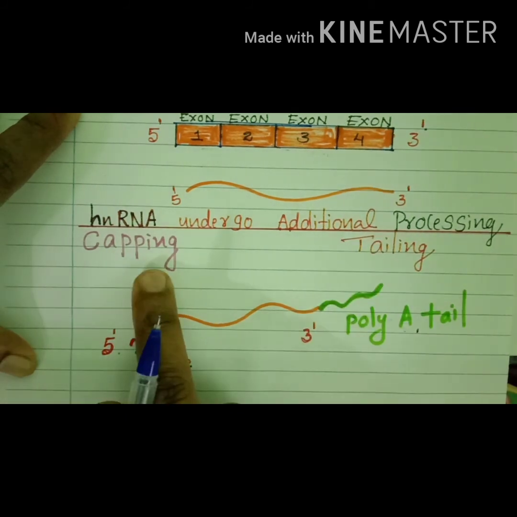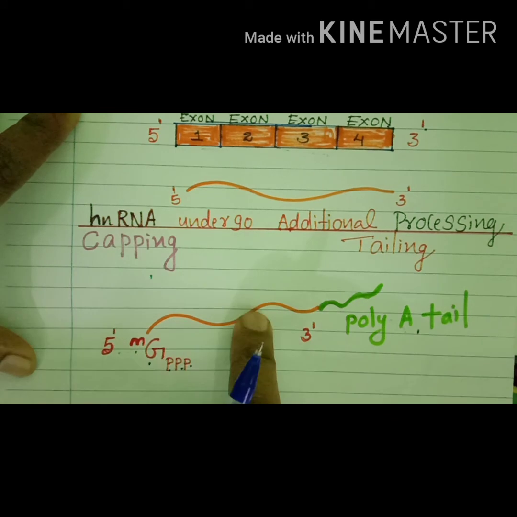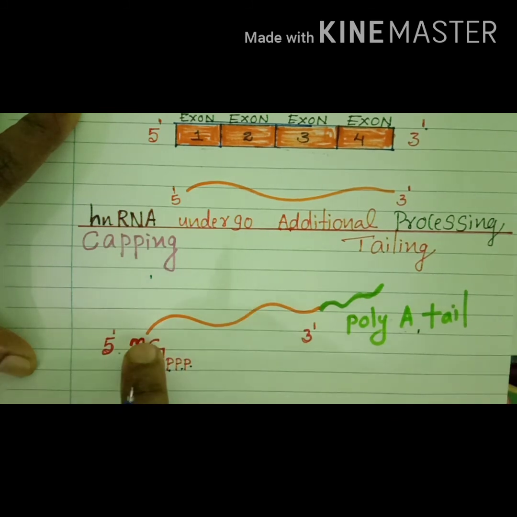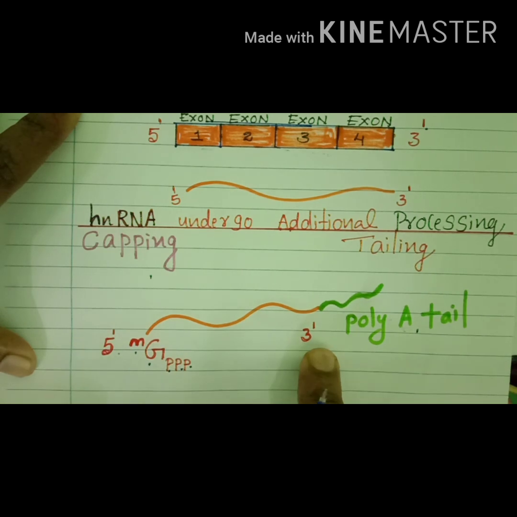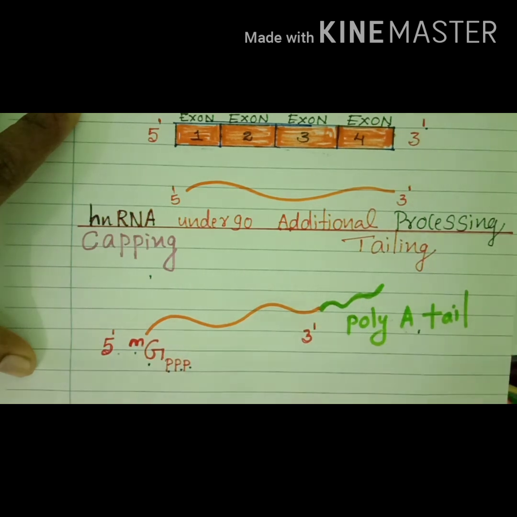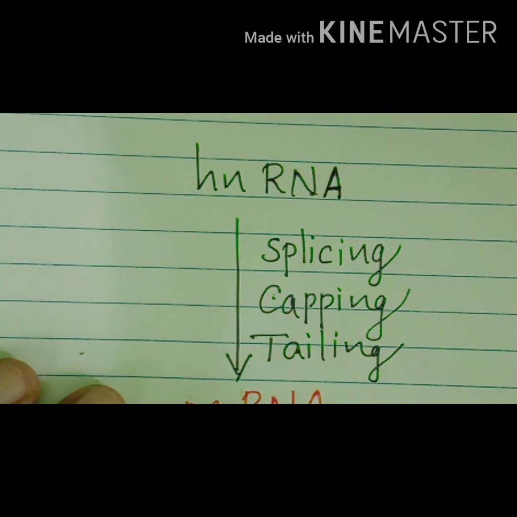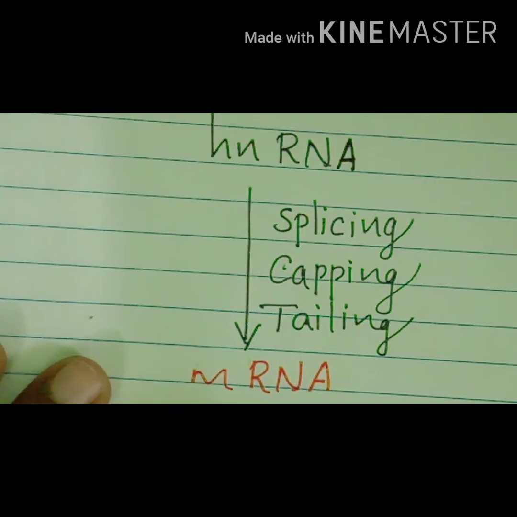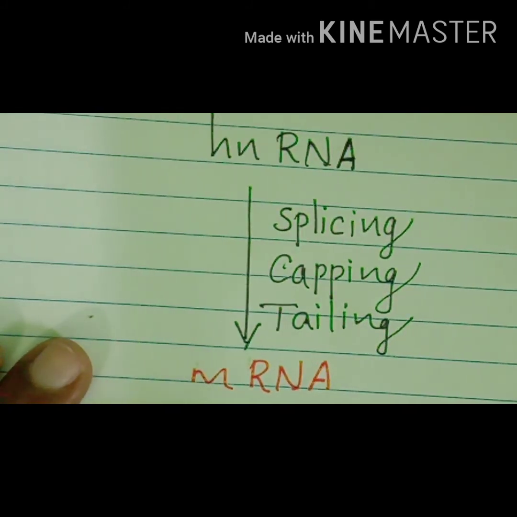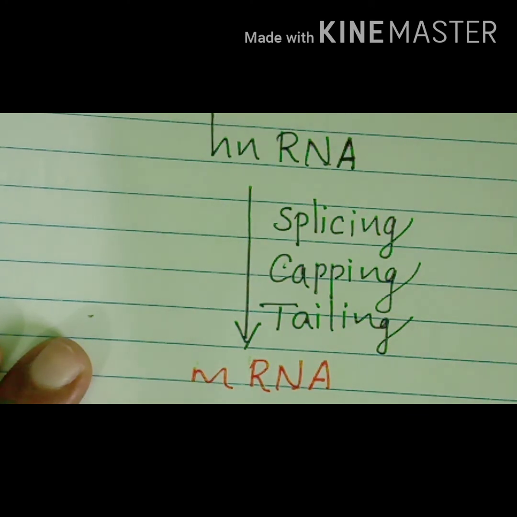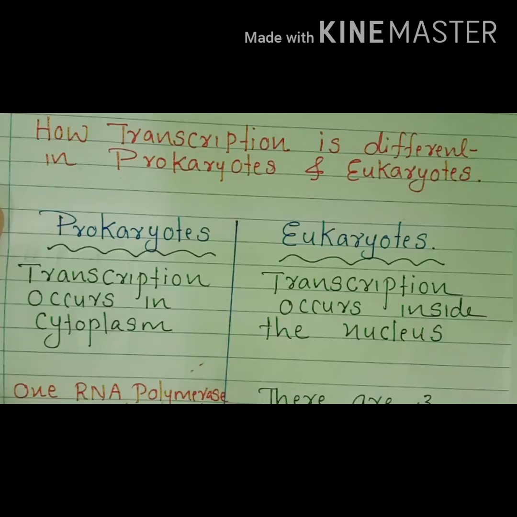Capping means onto the 5' end of the hnRNA, methyl guanosine triphosphate is added, and onto the 3' end, polyadenylate residues are added. So the hnRNA will undergo these three changes: splicing, capping and tailing. Only then does it become a fully processed mRNA. So the mRNA is formed through these three changes: splicing, capping and tailing.